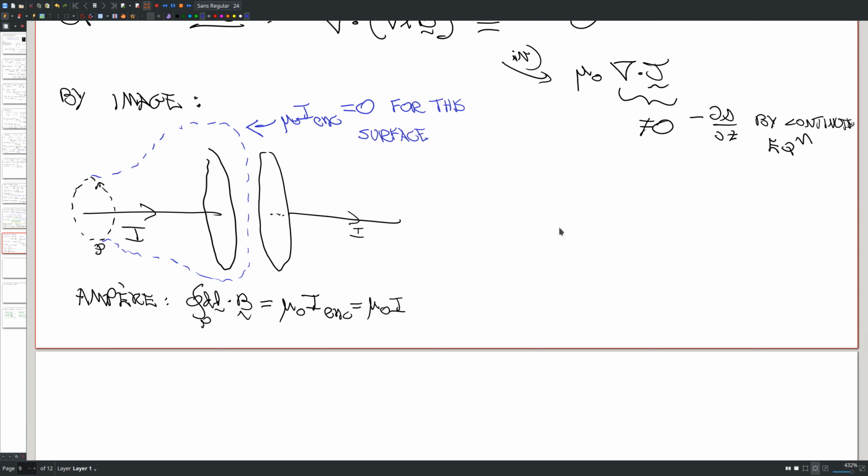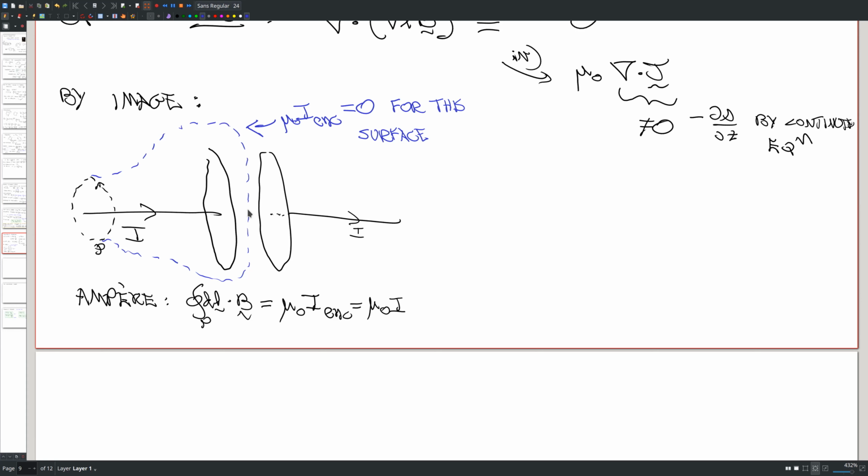You see, there's no current going through it. So although my path is well defined, choosing different surfaces gives me different results for the current enclosed. There's a current here because the wire is piercing my surface, but in this case there's no current. So that's zero. So that's inconsistent.